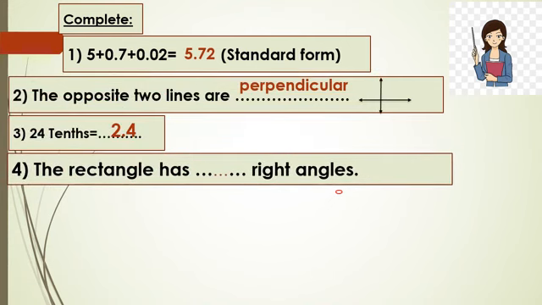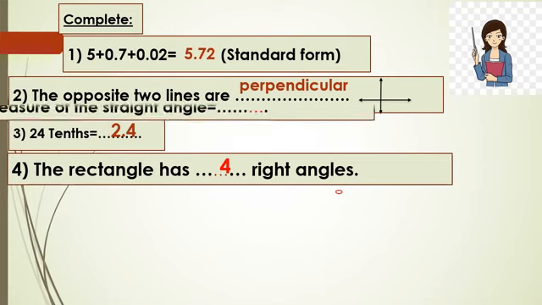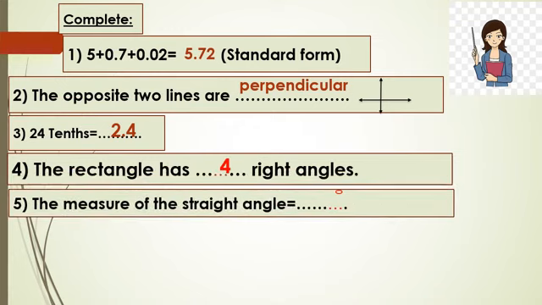Number 4. The rectangle has four right angles. Number 5. The measure of a straight angle equals 180 degrees. We write 180 degrees.